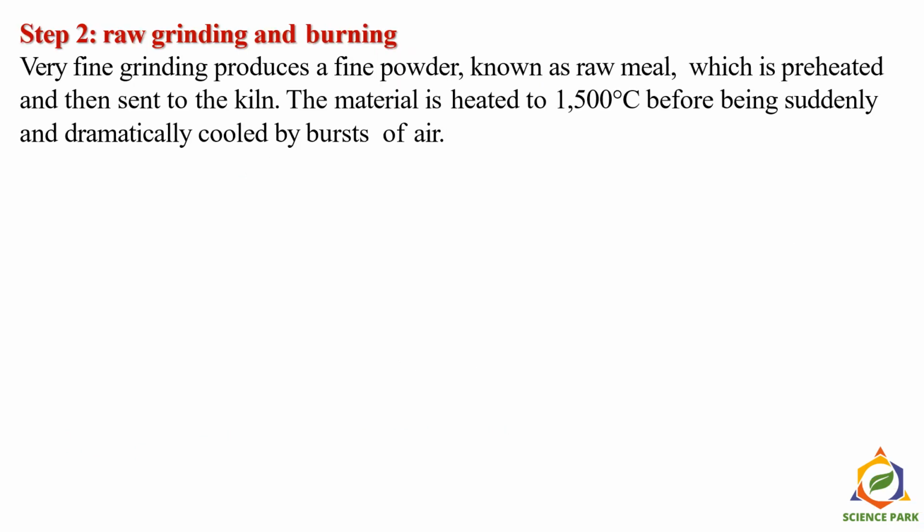Step 2 is raw grinding and burning. Very fine grinding produces a fine powder, which is known as raw meal, and then it is preheated and sent to a kiln. The material is then heated to around 1500 degrees Celsius before being suddenly and dramatically cooled by bursts of air.